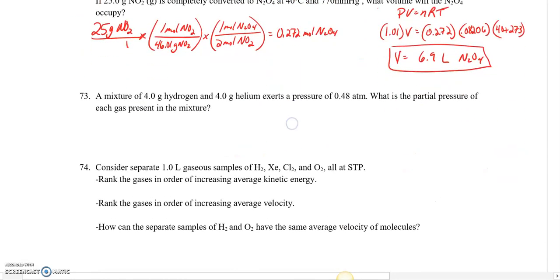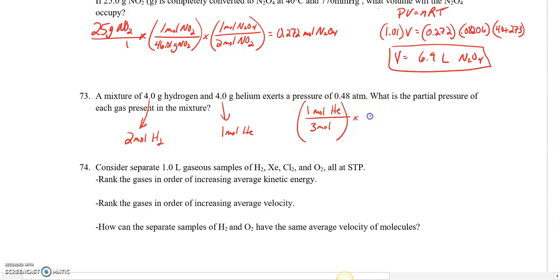Next up is 73. A mixture of 4 grams of hydrogen and 4 grams of helium exerts a pressure of 0.48 atm. What's the partial pressure of each gas? Well, we need to change them to moles. So 4 grams of hydrogen is 2 moles, approximately. And 4 grams of helium is approximately 1 mole. So the total moles of helium is 1 mole out of a total of 3 moles.